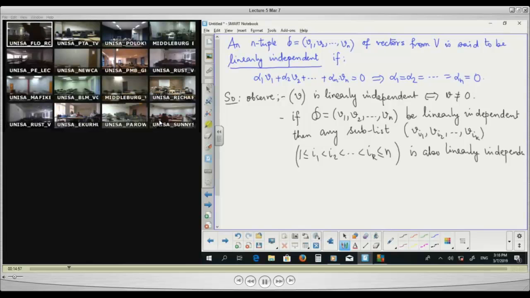And we don't say a list is not linearly independent, we say it's linearly dependent.